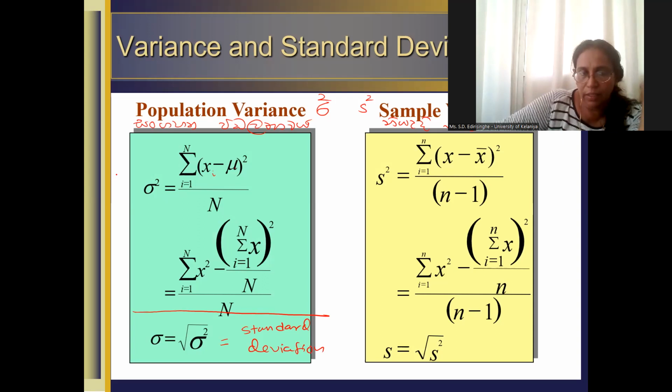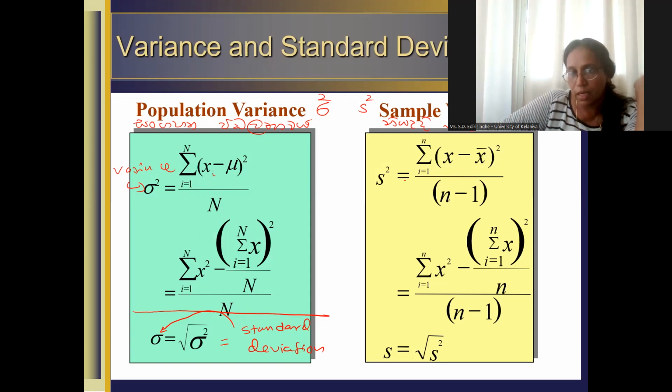So variance equals sigma squared, and the root value of sigma squared equals standard deviation. This is the population standard deviation. This is population variance.